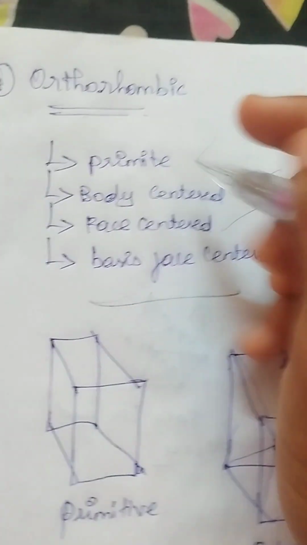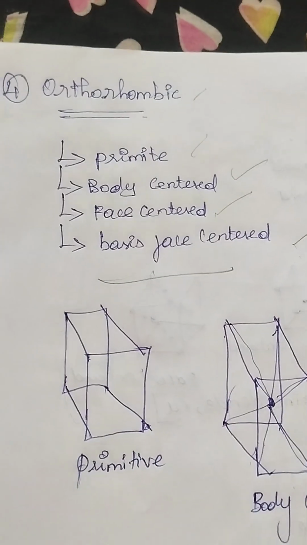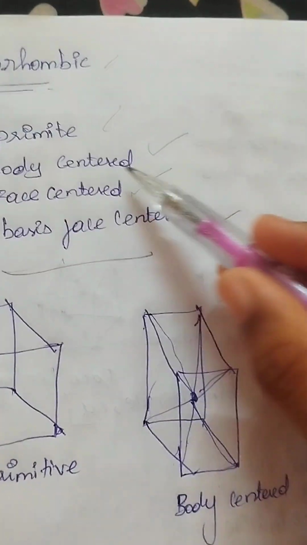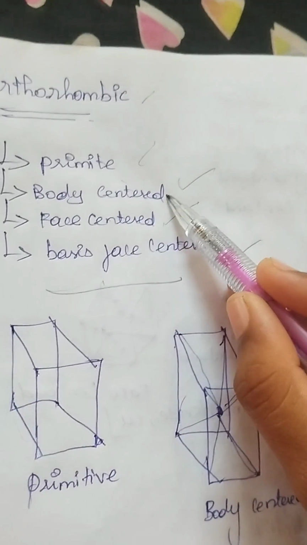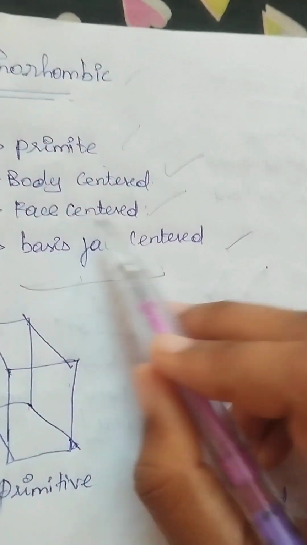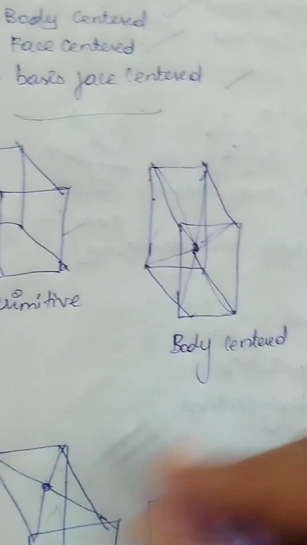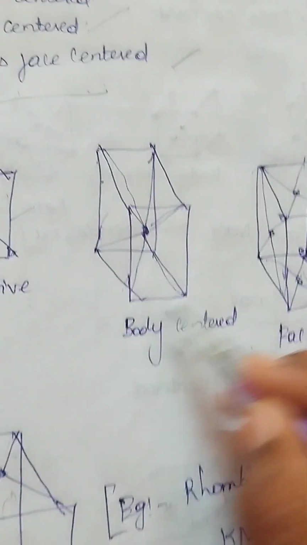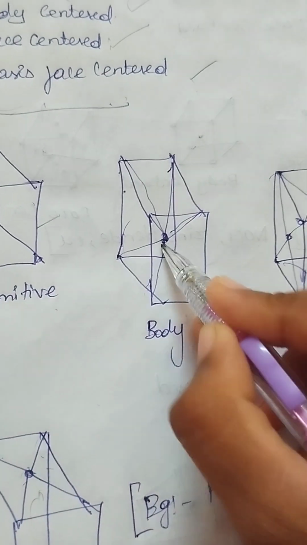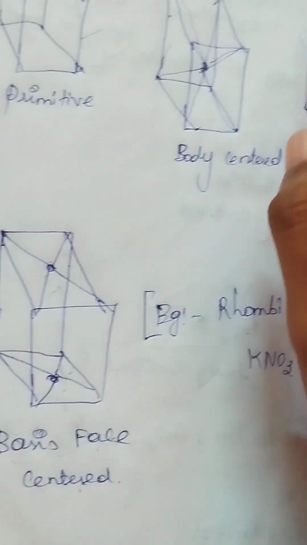And we are going to see the orthorhombic. In orthorhombic there are four types: primitive, body center, face center and base face center. What is base face center? Okay, let's see. This is the primitive type, and in body center one atom is added in the center of the body, and in face center we are adding an additional atom on each face.